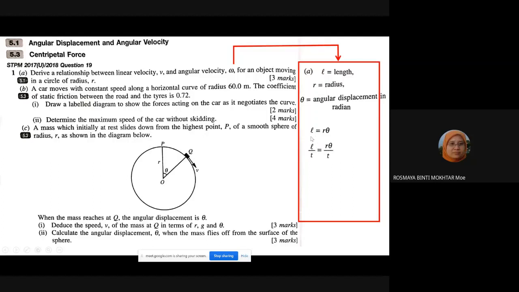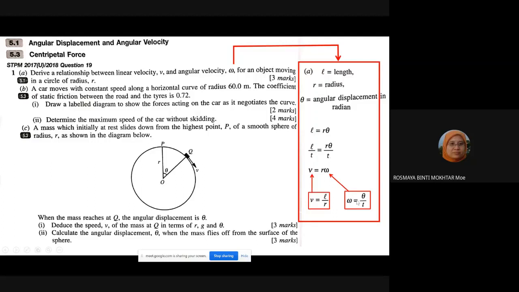Okay, then we divide both sides by T. We still don't change the equation, so it's okay to divide both sides by T. Then L per T is velocity, and theta per T is angular velocity.